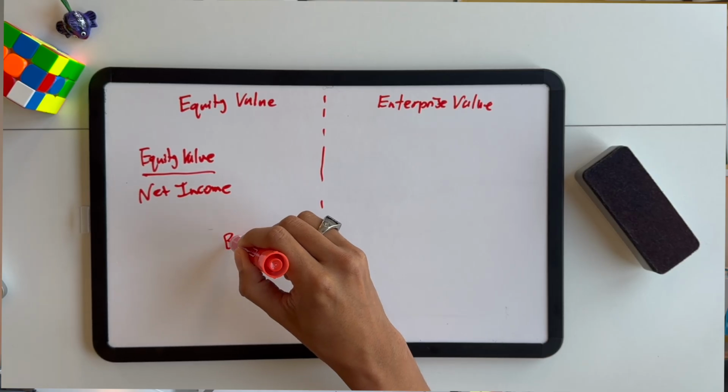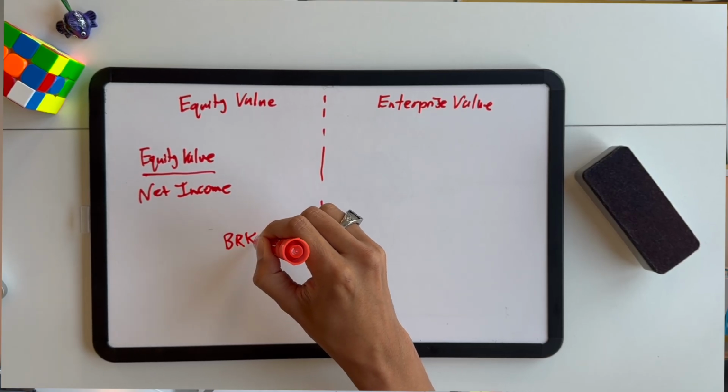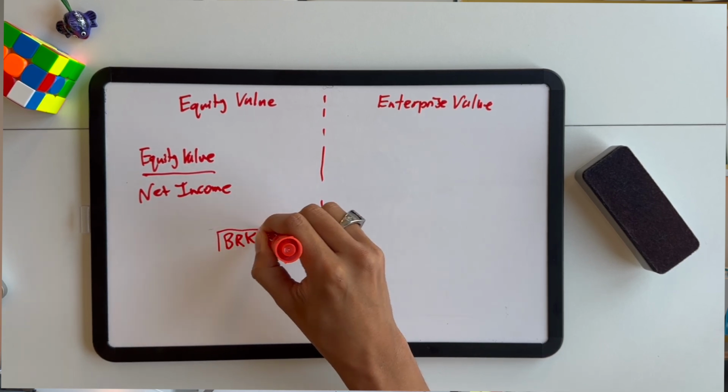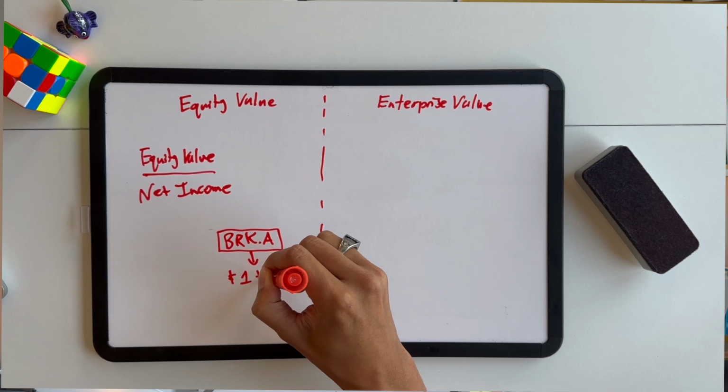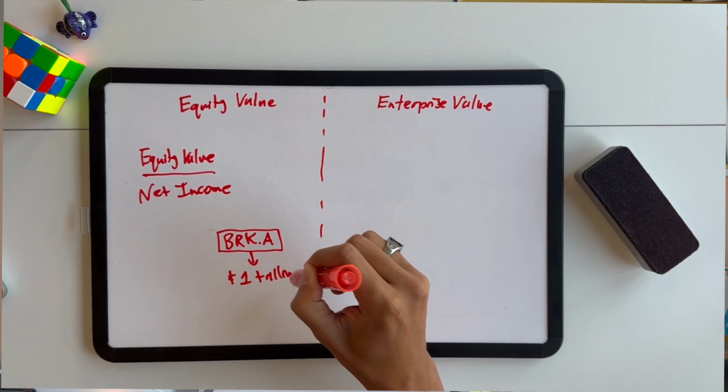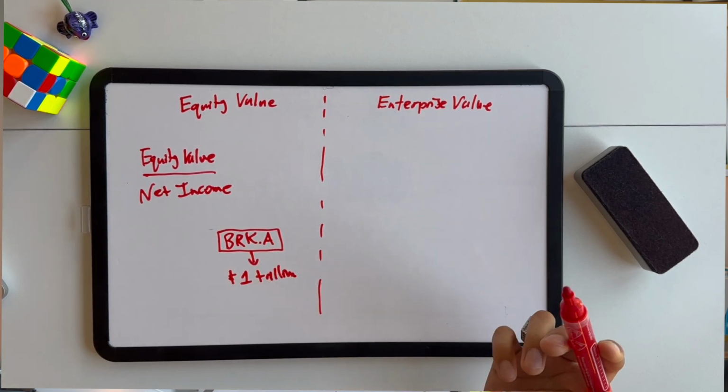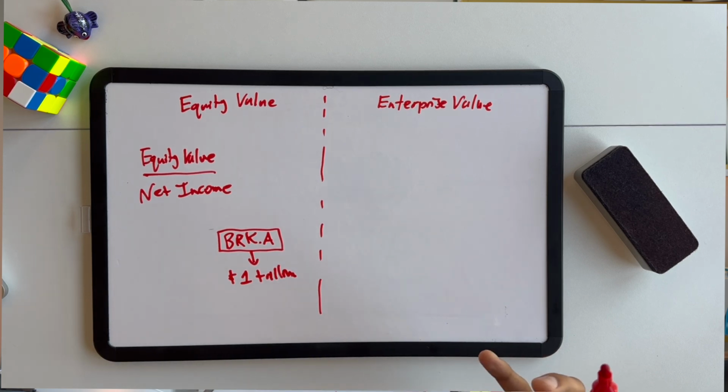But effectively, say you have a business, and I'm going to pick on Berkshire Hathaway, ticker symbol BRK.A. Berkshire Hathaway recently crossed $1 trillion in market cap, which is a huge accomplishment for any company. Only a few companies, as of this recording, have actually crossed that threshold, at least on American stock exchanges.